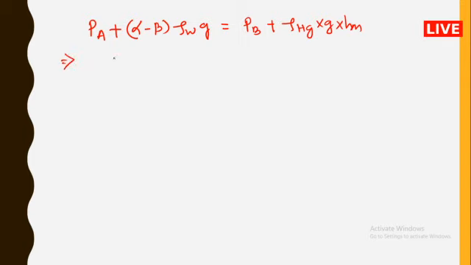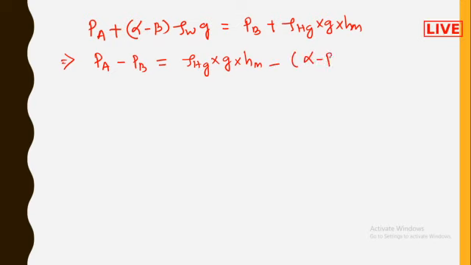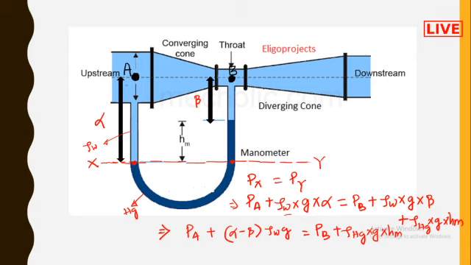Now I am taking the pressure at point A minus the pressure at point B. This pressure difference is given to us. That will be equal to the density of the mercury into G into the height of the manometric deflection, minus alpha minus beta into the density of the water into G. You see here, alpha minus beta will be equal to HM only.